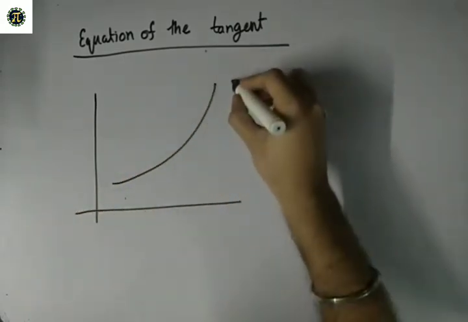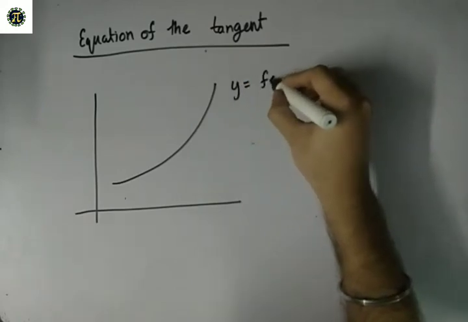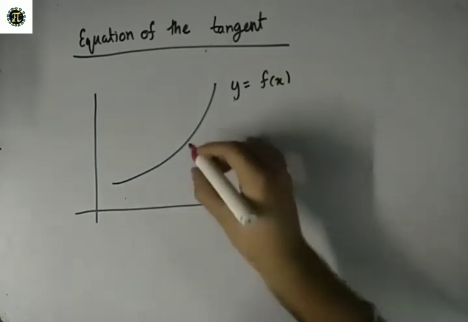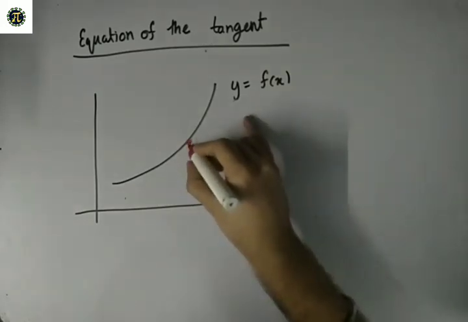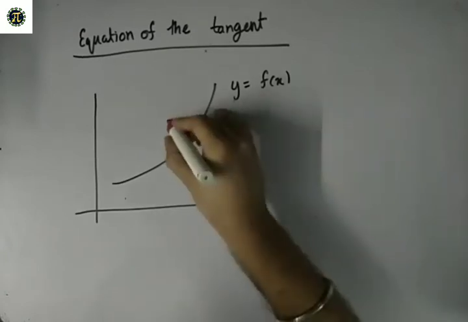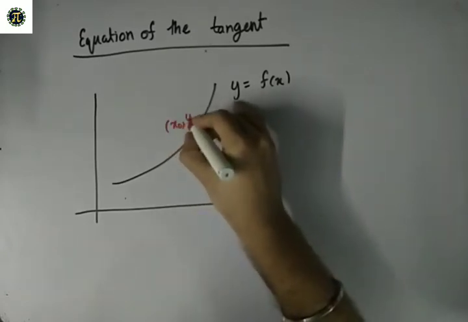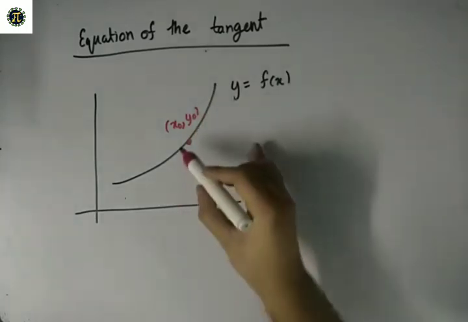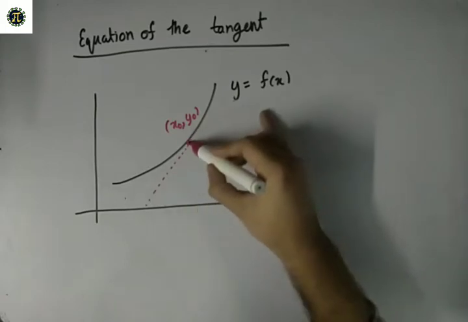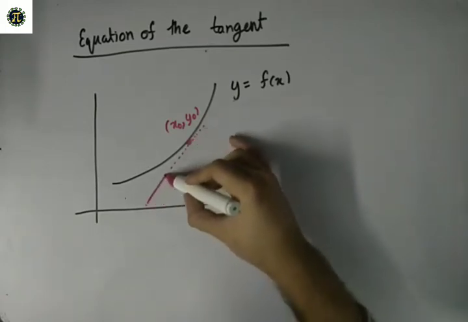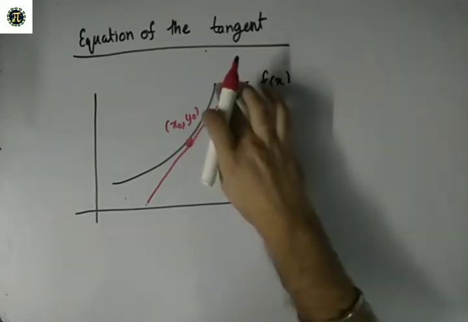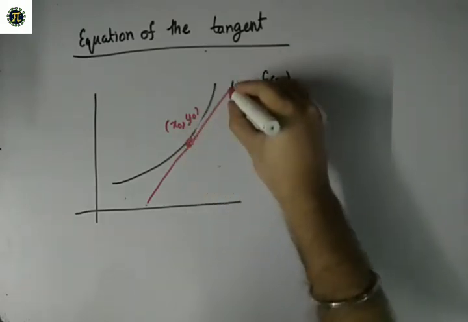We have y is equal to f of x, and at some point on the curve, let's say x naught comma y naught, which lies on the curve, we want to find the equation of the line that touches the curve at this point. And how do we calculate that?